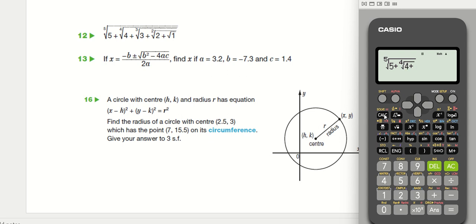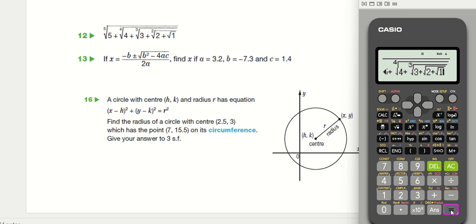Again, we have the cubed root, so you can use this one or the old one. So shift with cubed root for the 3 plus. Then you have the square root. For the square root, you don't need to write the index here. You can use the normal square root here. And you will have 2 plus the square root of 1.